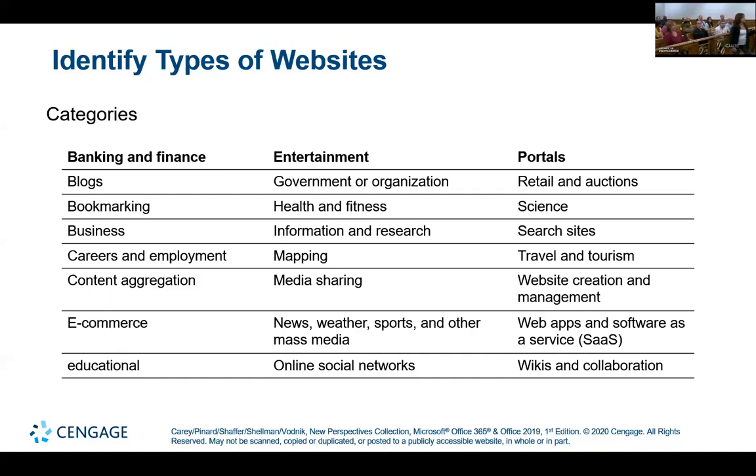Some of the other categories underneath entertainment, you'll find government and organizations, which I thought was a little odd, but you'll also find media sharing and news, weather, sports, and such. They're all listed under the entertainment category.